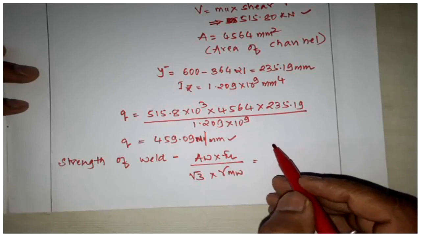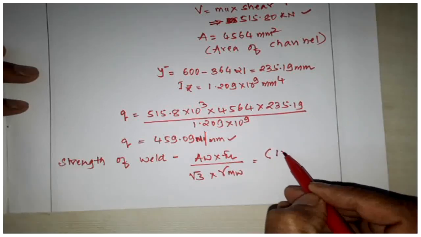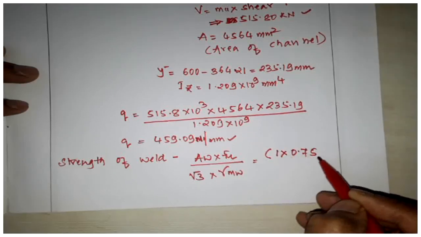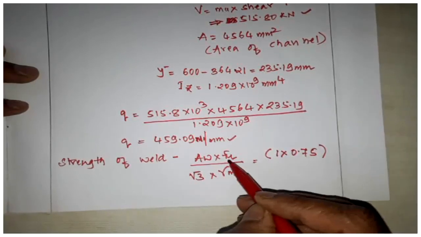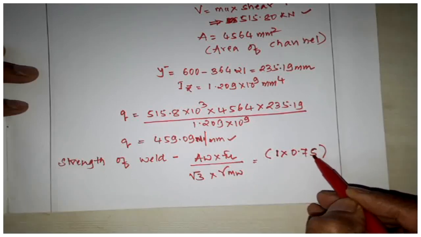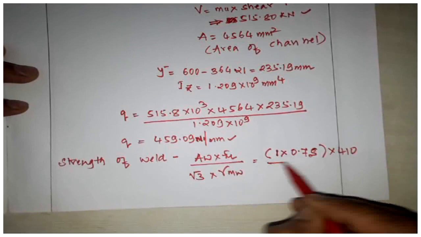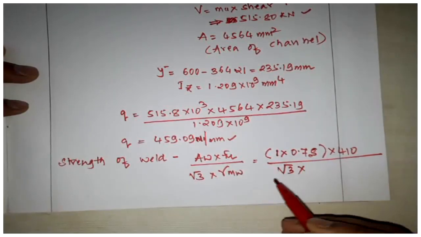So here I'll consider for per mm 0.7 into S, because throat thickness T is 0.7 into S. Into FU is 410 divided by root 3 into gamma MW.